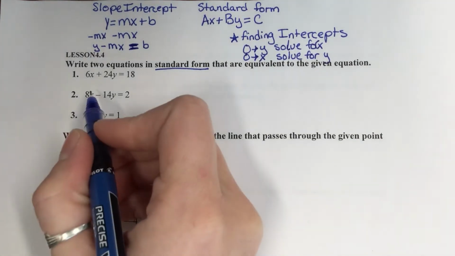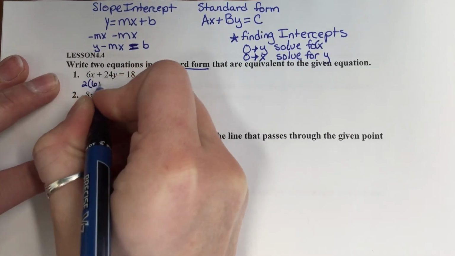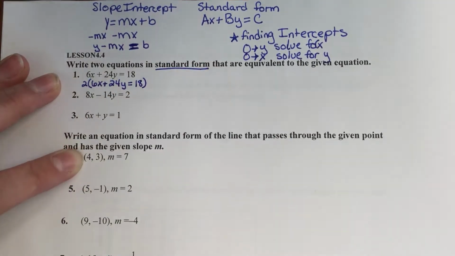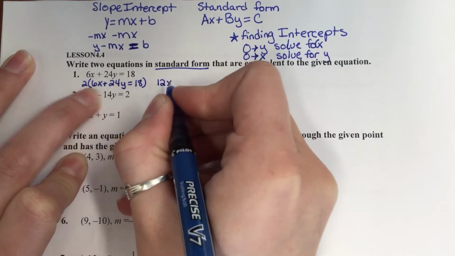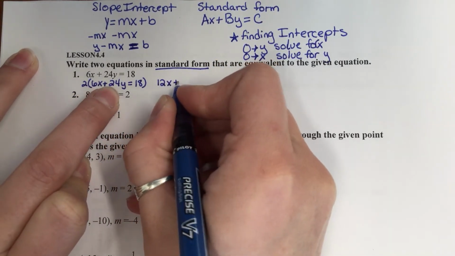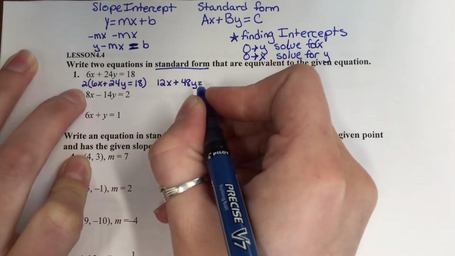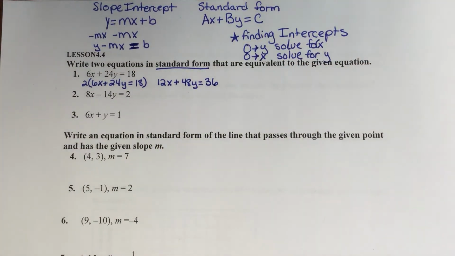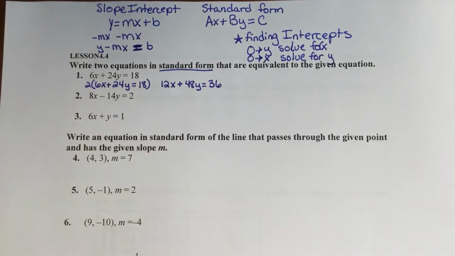If I multiply this equation by 2, 2 times 6x is 12x, 2 times 24y is 48y, and 2 times 18 is 36. That is the same equation because I did the same thing to both sides.